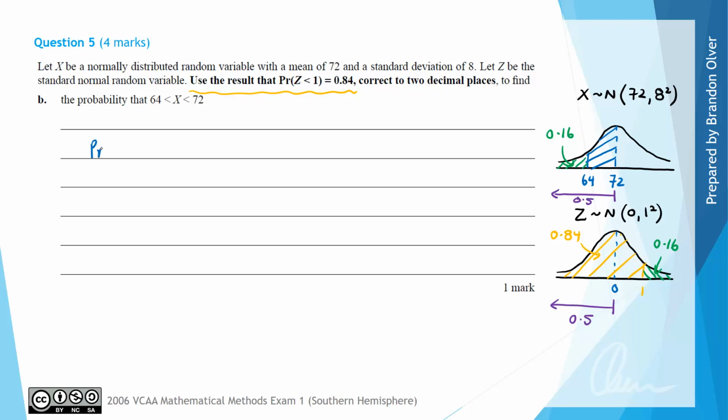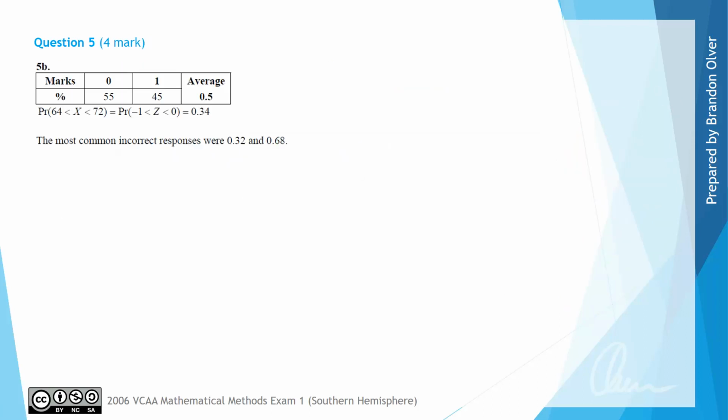With all of that in mind, the probability that x is between 64 and 72 is going to equal 0.5, the probability that it is less than the mean, subtract away that tail of 0.16, which gives 0.34 as the answer to this question. Approximately 45% of students got that correct, and there were a few common incorrect responses of 0.32 and 0.68.